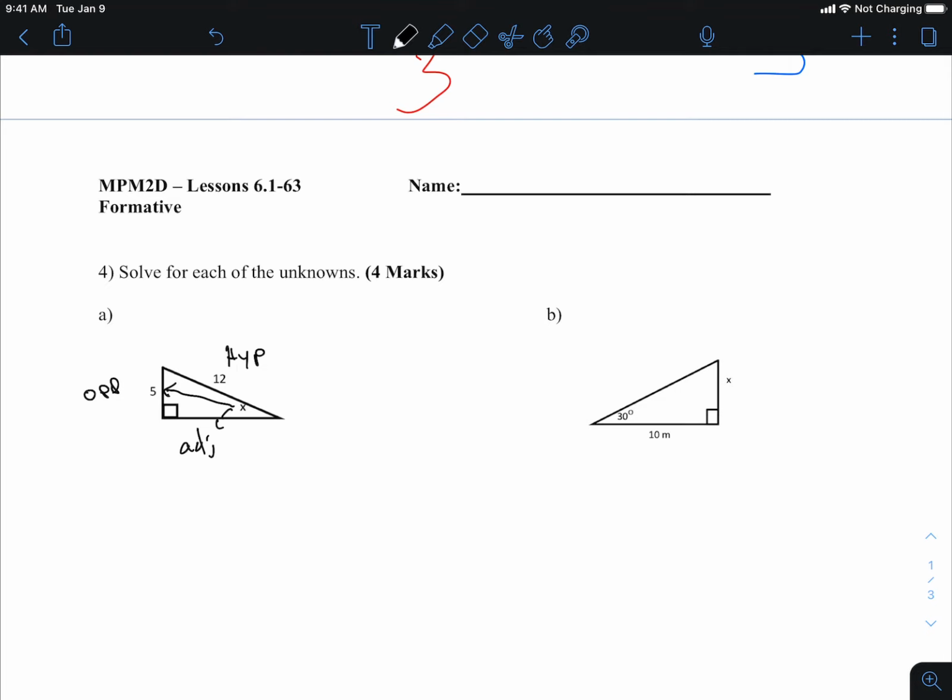Right? So I'm going to write SOHCAHTOA because I see a right angle in the triangle. Which one uses the two pieces of information that I have? I know opposite. I know hypotenuse. I'm selecting sine.